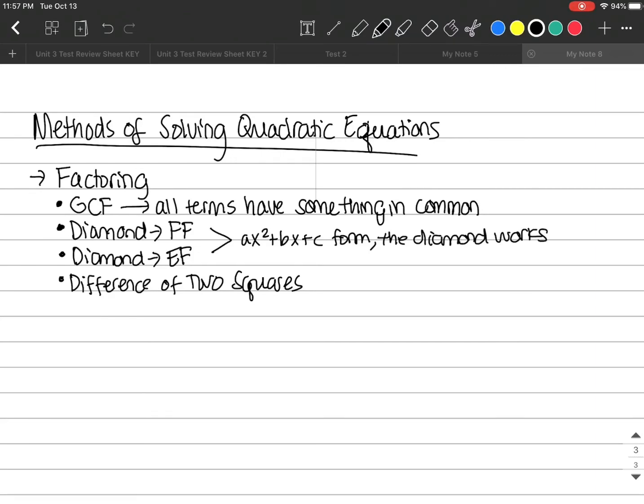So that's how I know it's factorable. And then for the difference of 2 squares, I know that works if I have 2 terms, both perfect squares, and subtraction in between, which we just talked about.